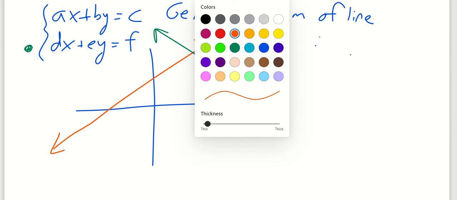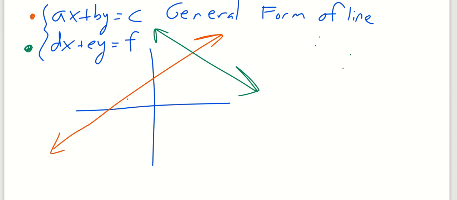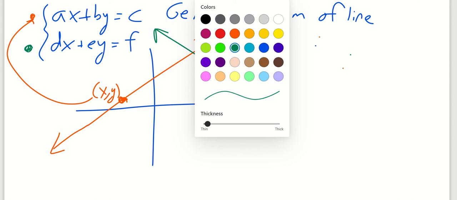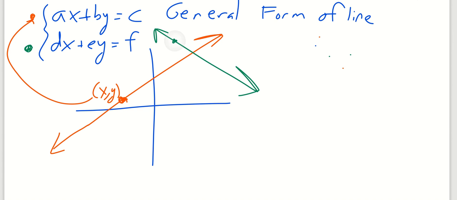And now let's think for a moment about what a solution to each one of those equations individually would mean. To be on the orange line, those ordered pairs x comma y would have to satisfy the first equation. The ordered pairs that are on the green line, x comma y, have to be solutions of the second equation.